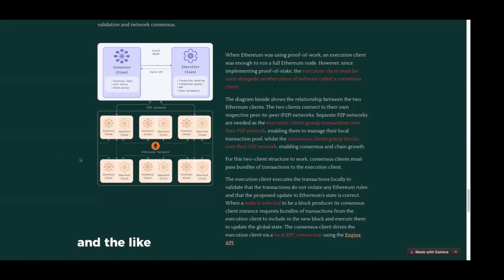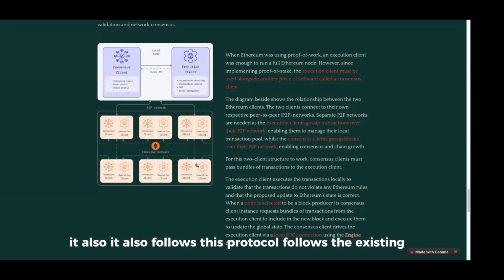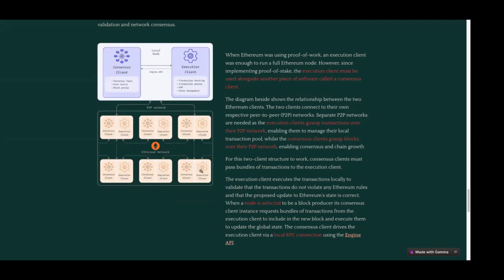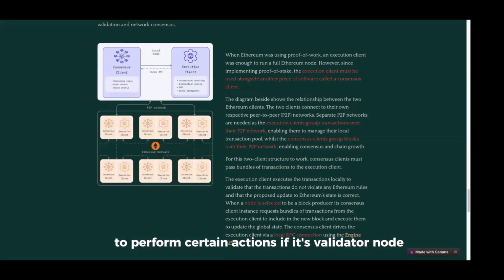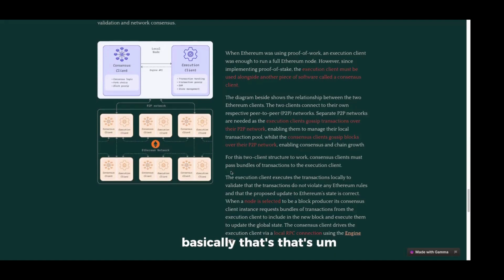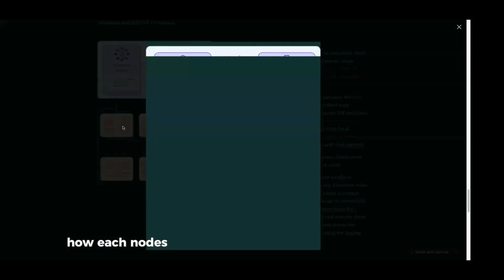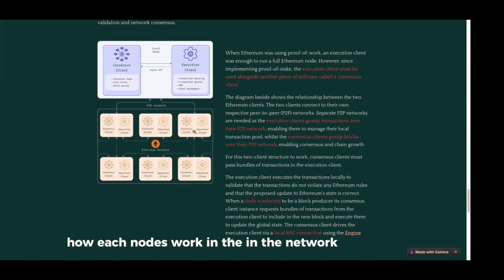Even if a new node comes into the network, it also follows the existing rules to perform certain actions. If it's a validator node, it validates transactions and the like. That's how each node works in the network, how they interact, how they communicate.